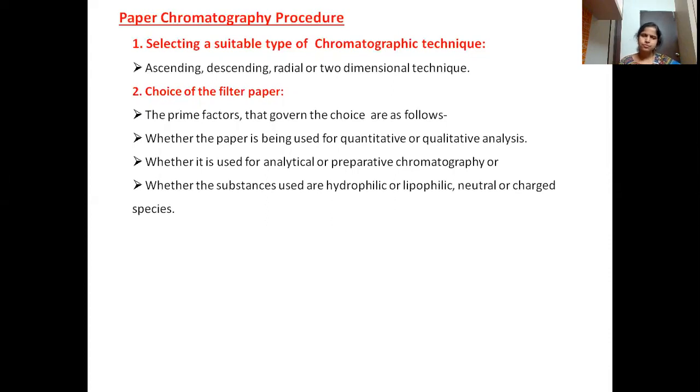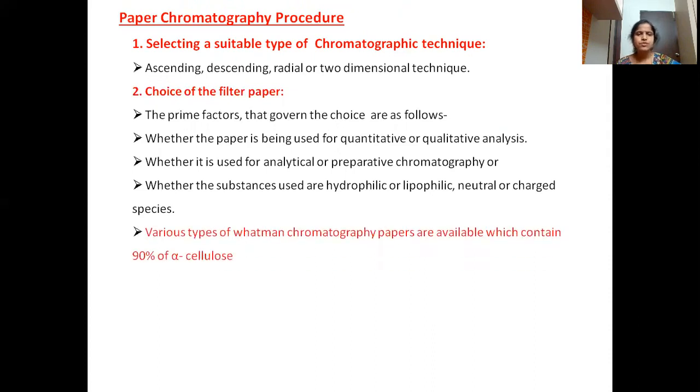We should also check whether the sample is hydrophilic or lipophilic, and whether it is neutral or charged, depending upon whether it is soluble in water or in lipid, or whether it is a charged or neutral particle. By taking all these points into consideration, we select the filter paper.